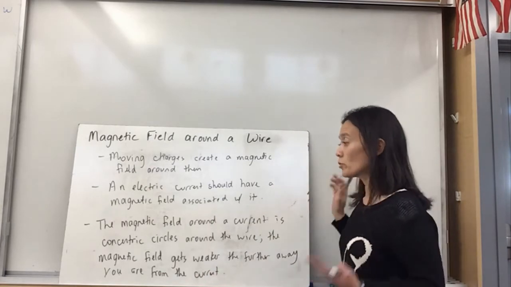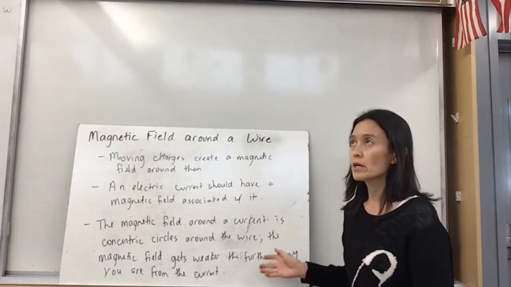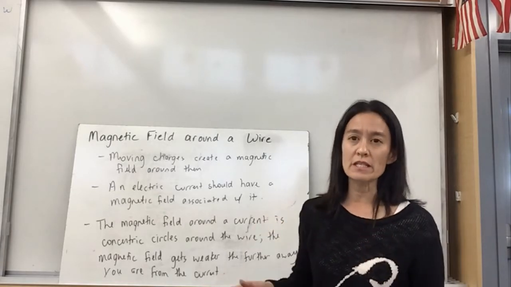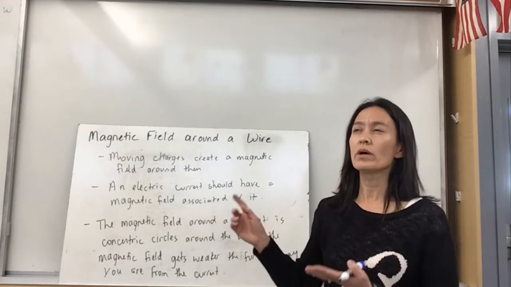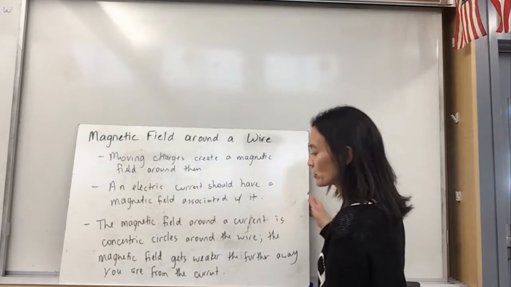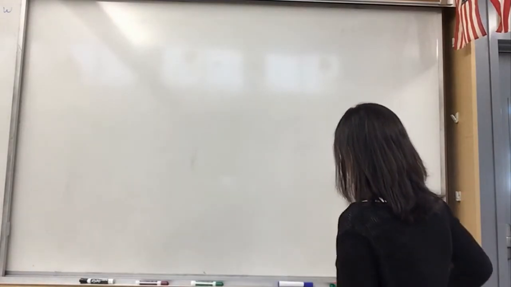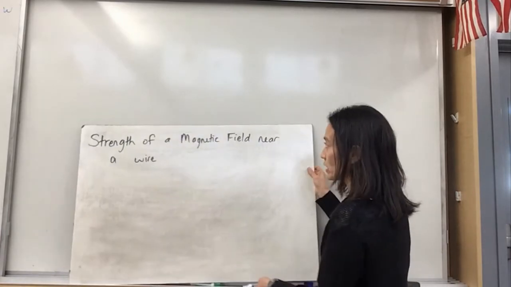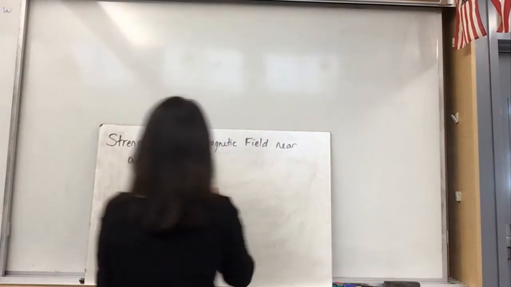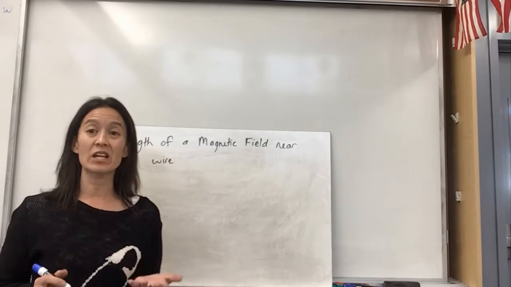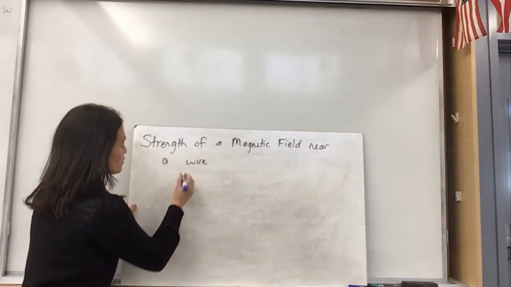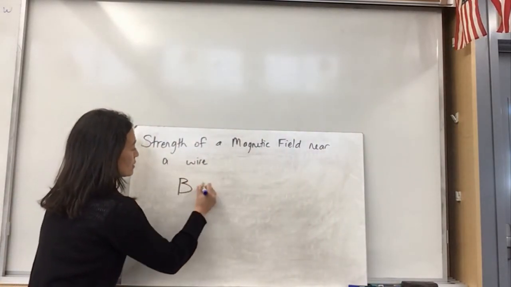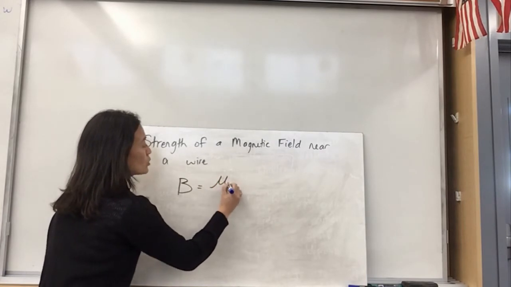So there's an actual mathematical model that describes what the magnetic field strength is, and then we'll talk about what it looks like visually in terms of the magnetic field map. The equation for the strength of the magnetic field near a wire, remember our symbol for magnetic field is the letter B, is B equals mu naught.